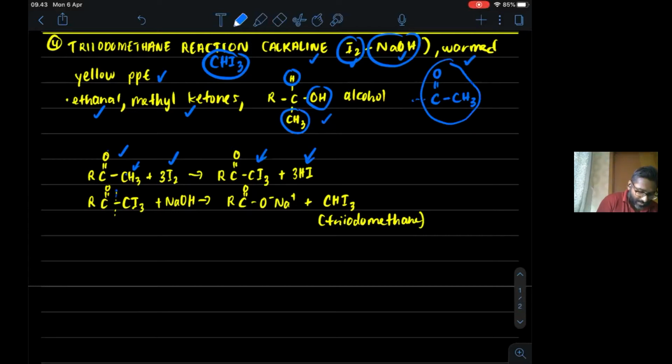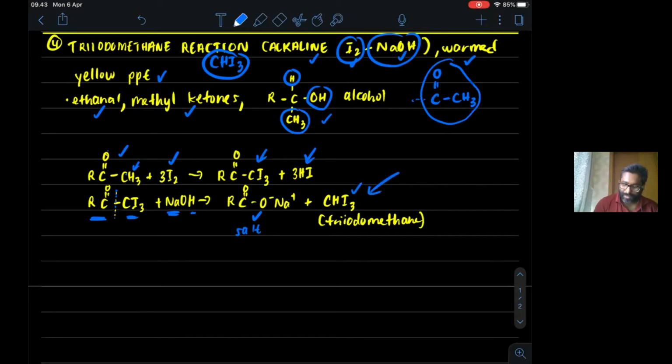This bond is going to be broken. The RCO will join with NaO to give you the salt. And CI3 will join with the hydrogen to give you CHI3, and this is the triiodomethane.